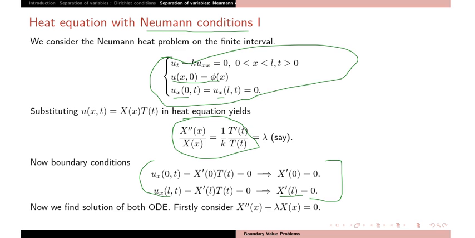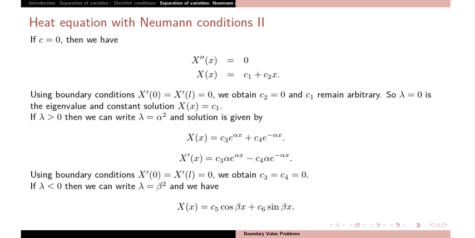Firstly solve the ODE for the x variable. Take 3 cases. When lambda is 0, you use the conditions X dash 0, X dash l equal to 0, and you get C2 equal to 0 and C1 remains arbitrary. So a constant is also a solution, similar to the wave equation.